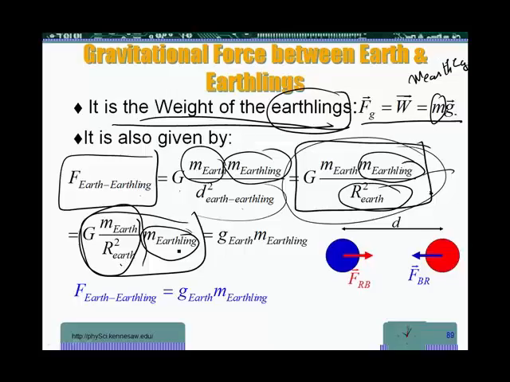What's that thing? It reminds us of M times G, or G times M, which is exactly what we have: G Earth times the mass of the Earth. What does this say?